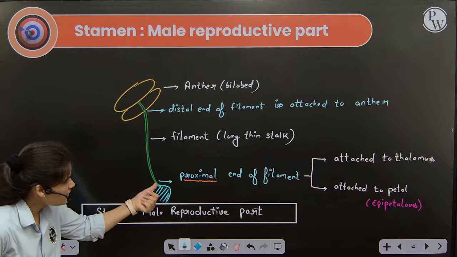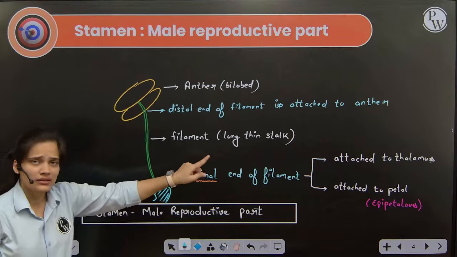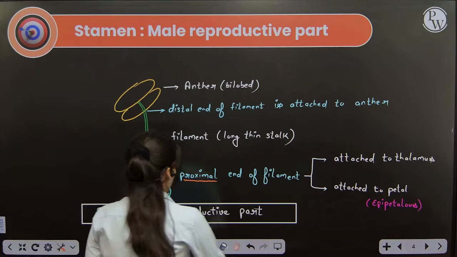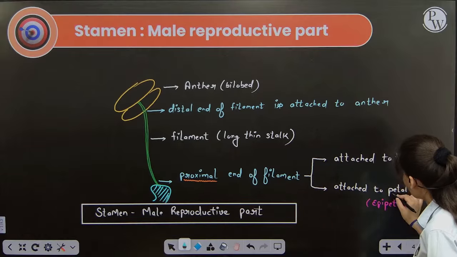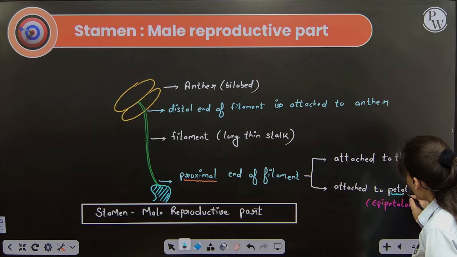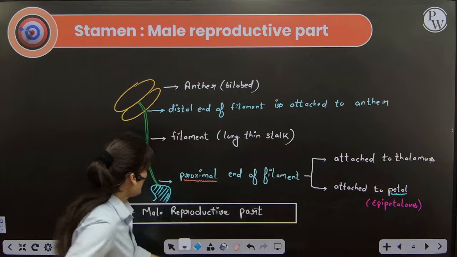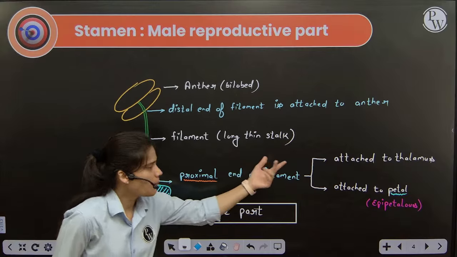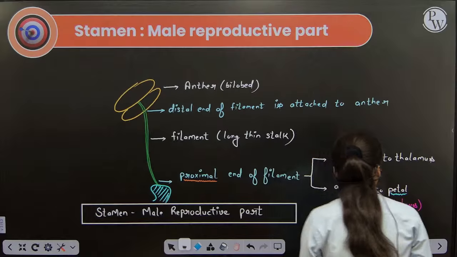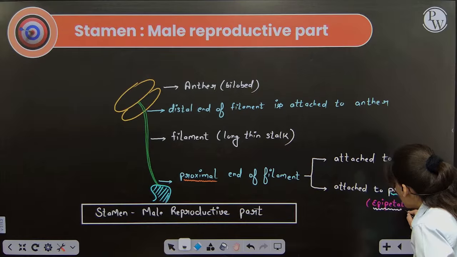So proximal end of this filament is attached to the thalamus, or that proximal end can also attach to petals. If the proximal end of filament is attached to petal, then that condition is known as epipetalous condition.